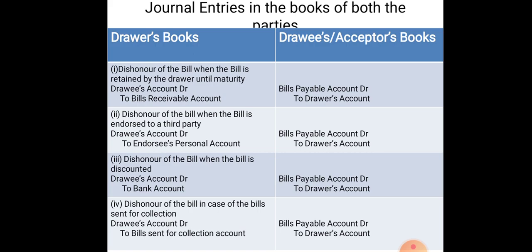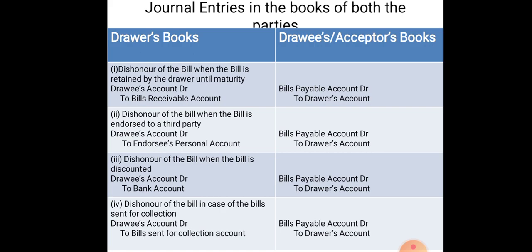And secondly, when the dishonor of the bill, when the bill is endorsed to a third party, the entry would be in the drawer's book like this: drawee's account debtor to endorsee's personal account. And in drawee's book, entry would be bills payable account debtor to drawer's account.